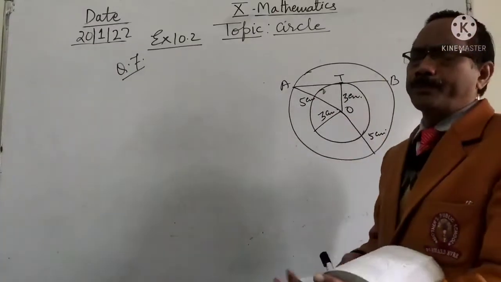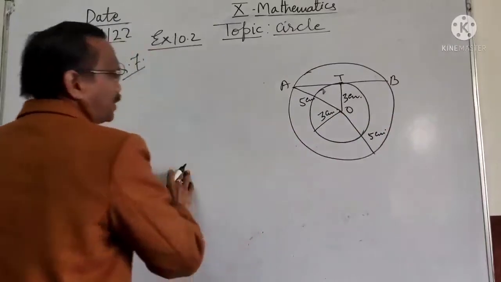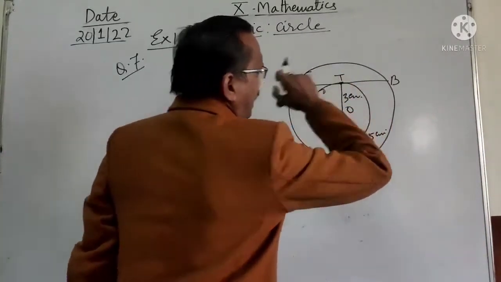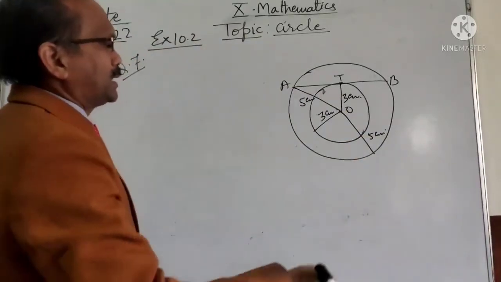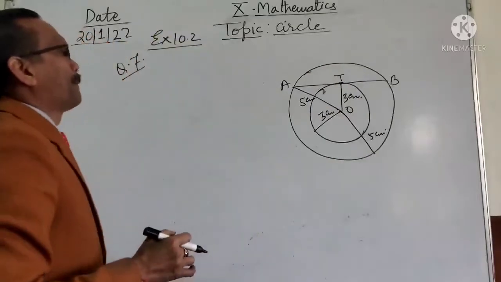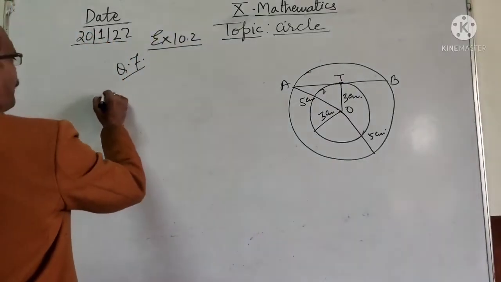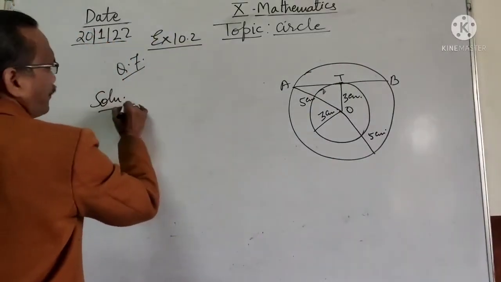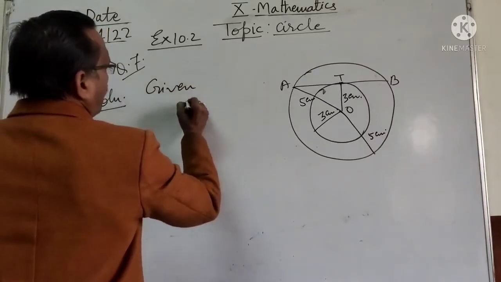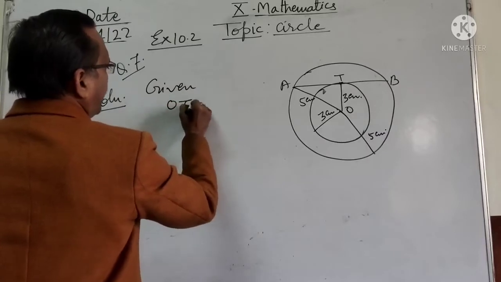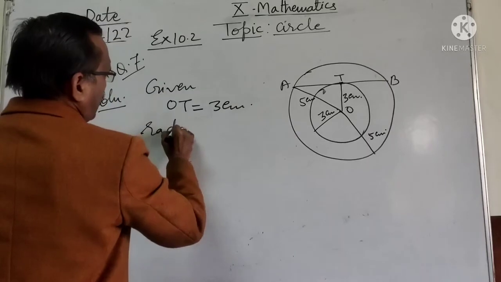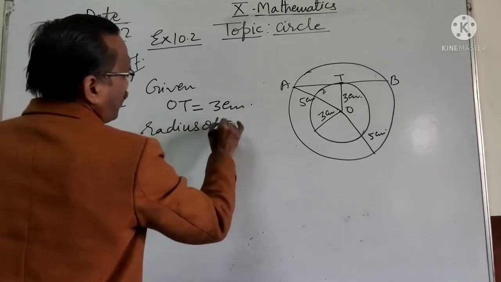Now, there is a theorem: the radius is perpendicular to the tangent. AB is the tangent of the small circle and a chord of the big circle. Given OT is 3 centimeter, the radius of the small circle.